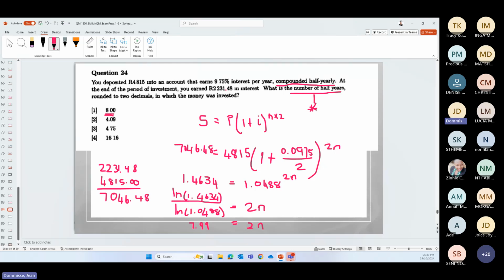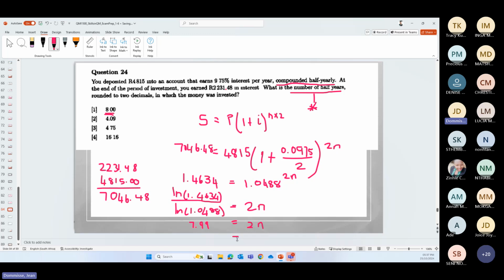Let me just make 100% sure when I look at that formula. Okay, so if we look at 2n, then it would have been something different.